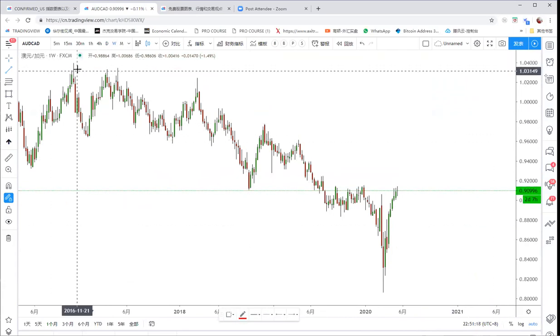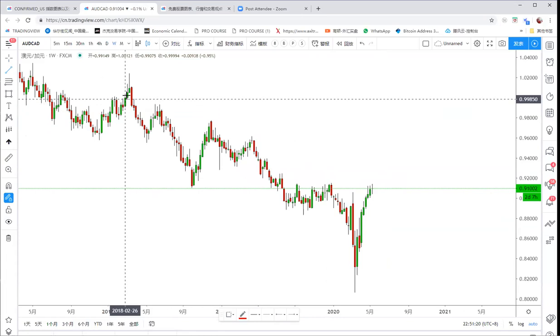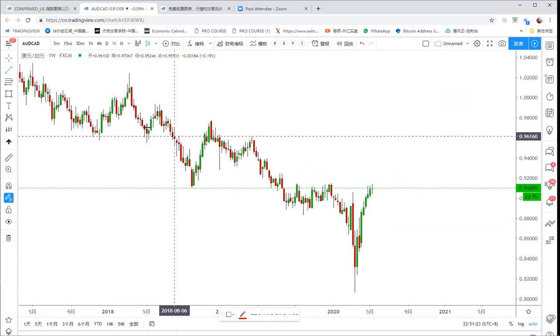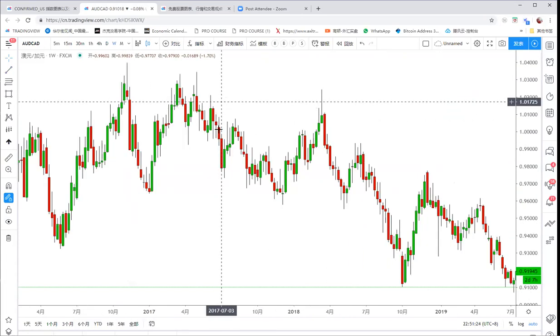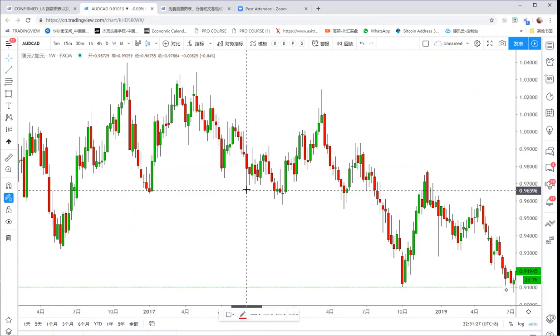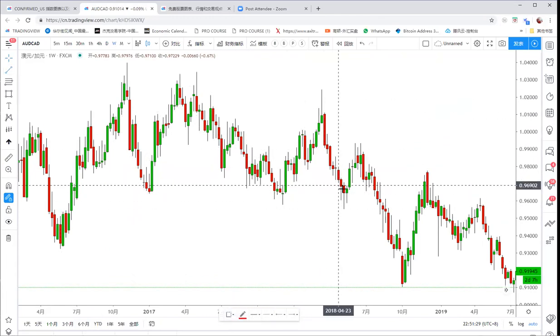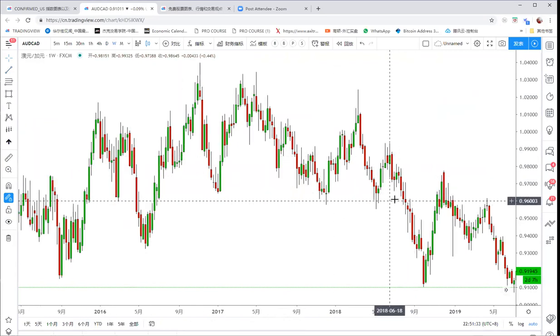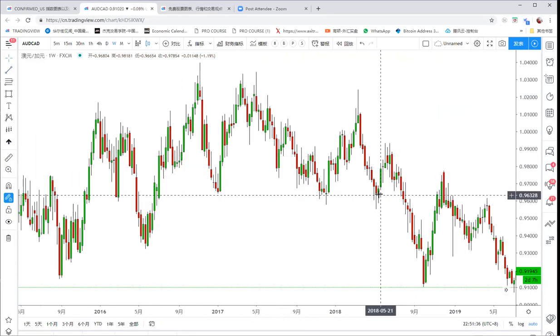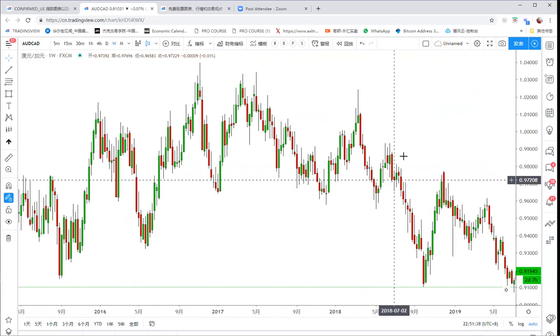The pip value of the Canadian is low, and it really has a lot of noise. You can see that all the candlesticks are going up, going down, going up, going down. A lot of spikes up, right? So you're going to be easily stopped out by the abnormal behavior of the Canadian.